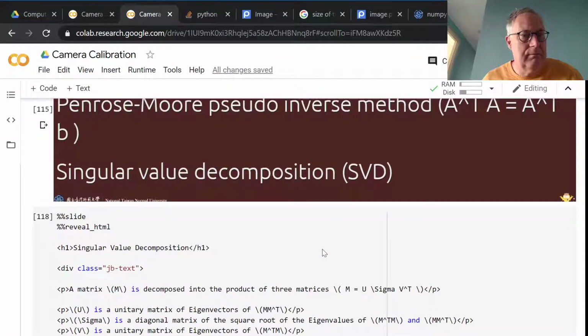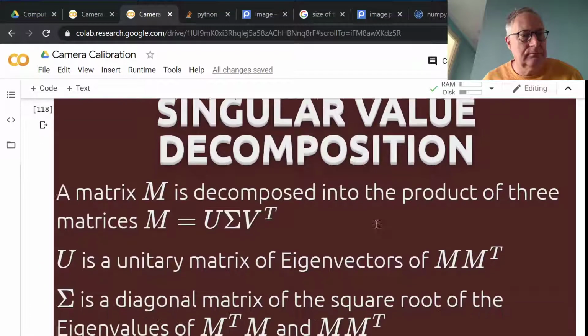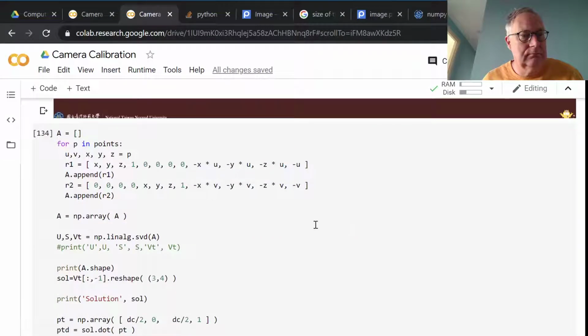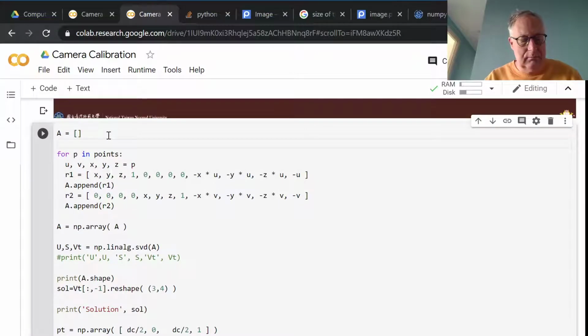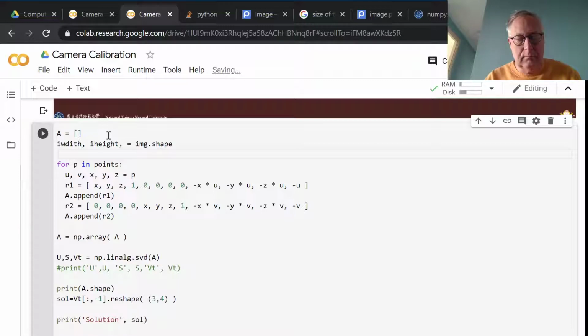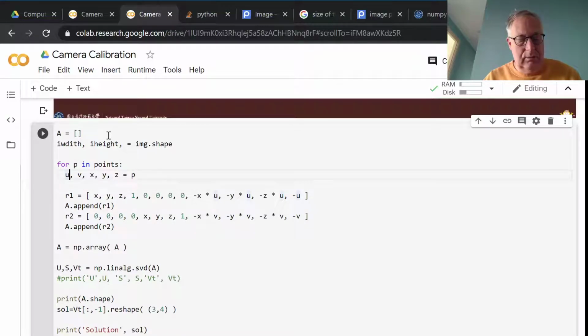Where are my points? So now here UC, VC is this, then UC is equal to, and I'm not sure how this should be, I height, I width.